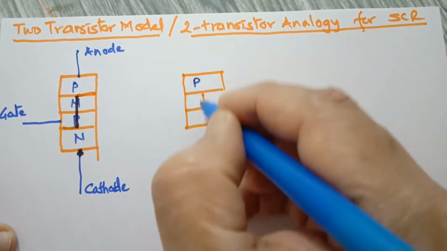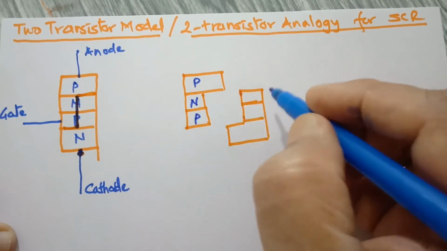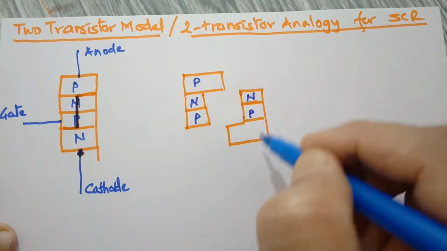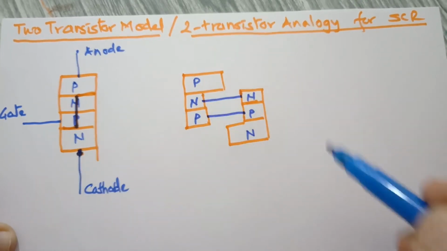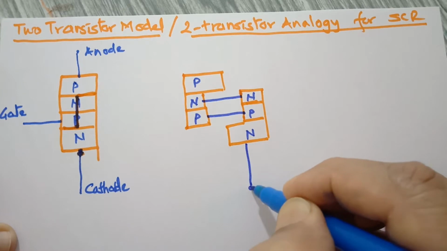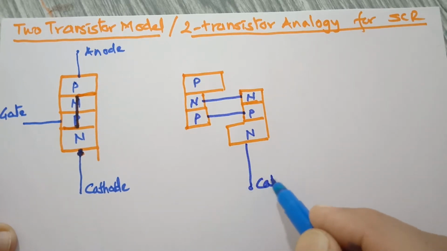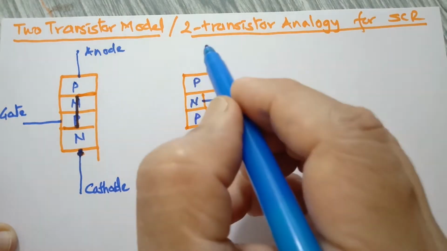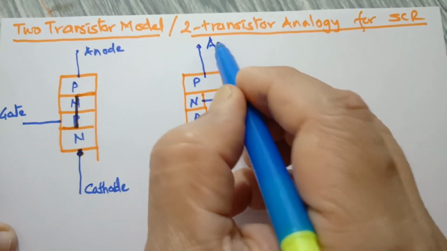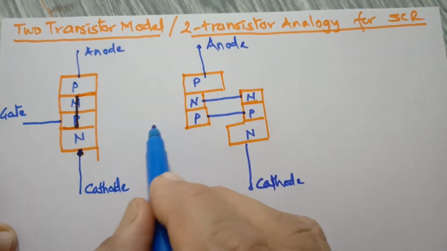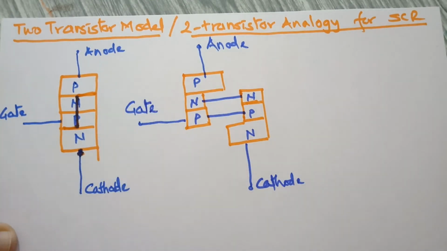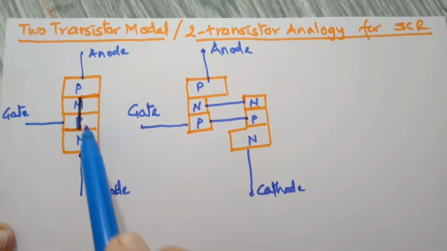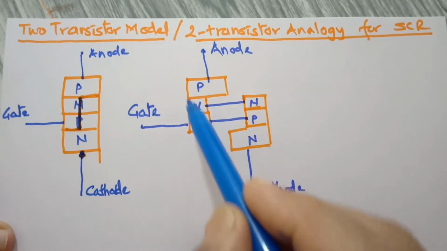So this is P, N, P, N, P, N, and imagine that they are interconnected. So this is your cathode, this is anode, and this is gate. See that SCR, when I cut it here, I get a structure like this.